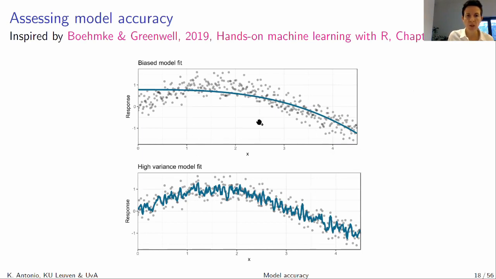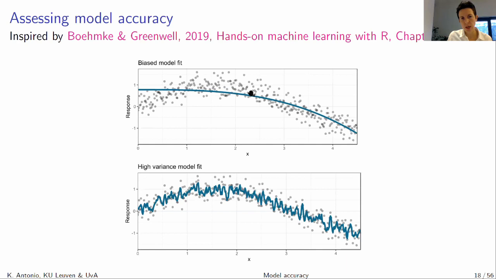And here I give two examples. I simulated the variable x, and I simulated the outcome y, assuming some nonlinear relation between this y and this x. So I generated data from a given model, and then I fit two different models.